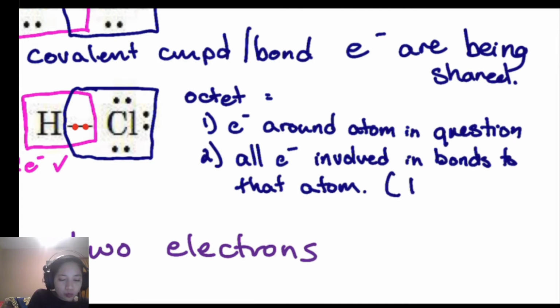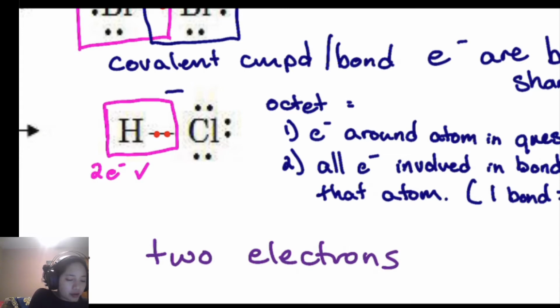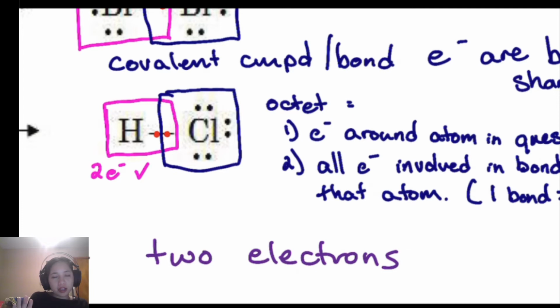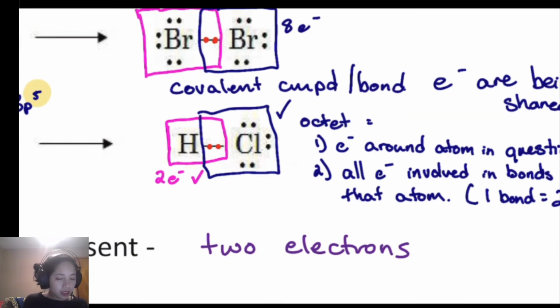So that means one bond equals two electrons. I don't want you to draw your box around this chlorine and split the bond in half, because then you would just count seven. Chlorine has seven electrons around it. You don't want to do that. You want to show that because you're sharing an electron with hydrogen, now chlorine has eight electrons and its octet is fulfilled.